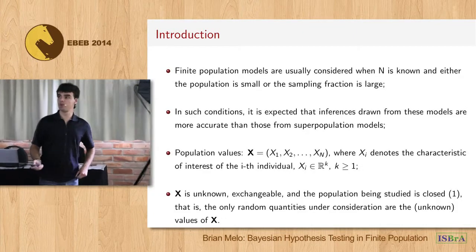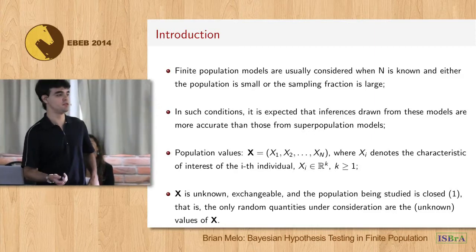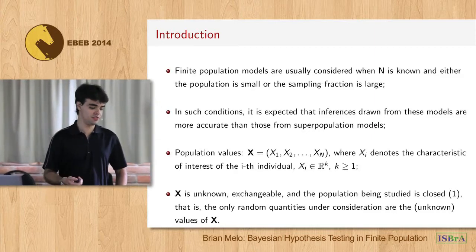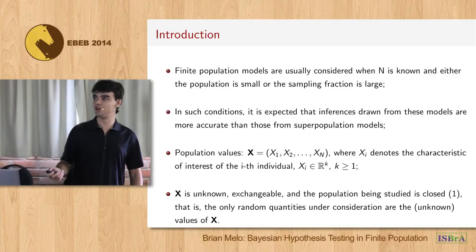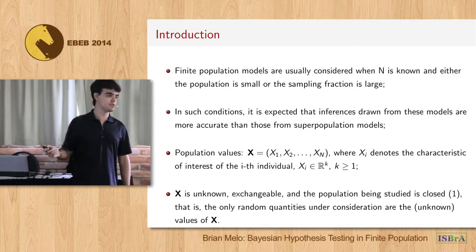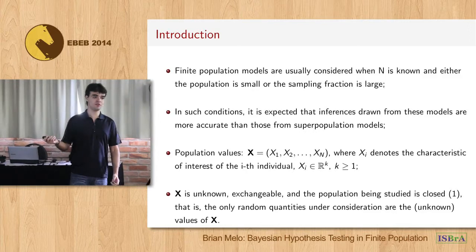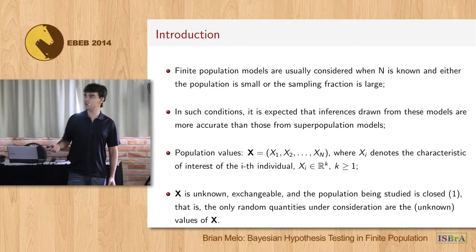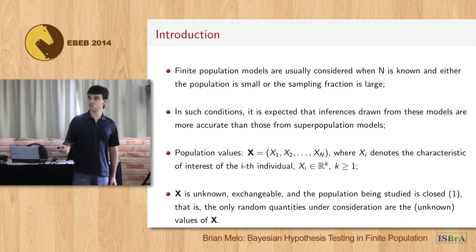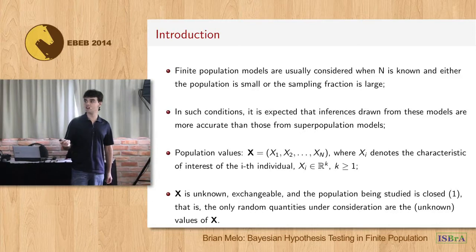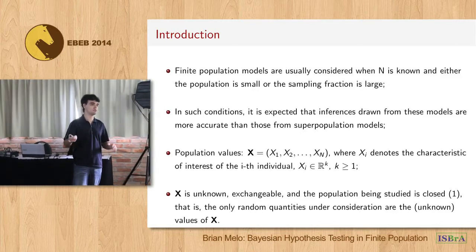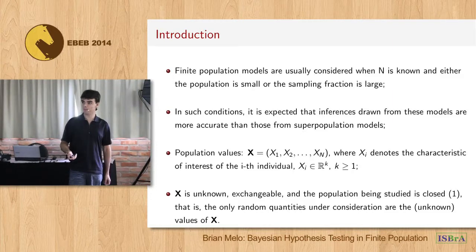So the finite population models, what we need to know to say that we are going to work with a finite population model, we need to know the population size n, unless of course we want to estimate this value. And they are considered either when the population is small or the sampling fraction is large, which means that the sample size is very close to the population size.